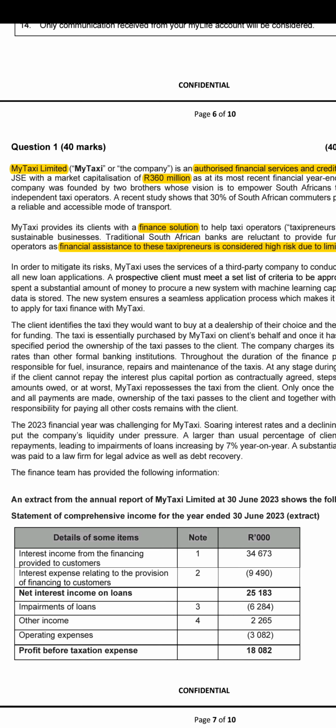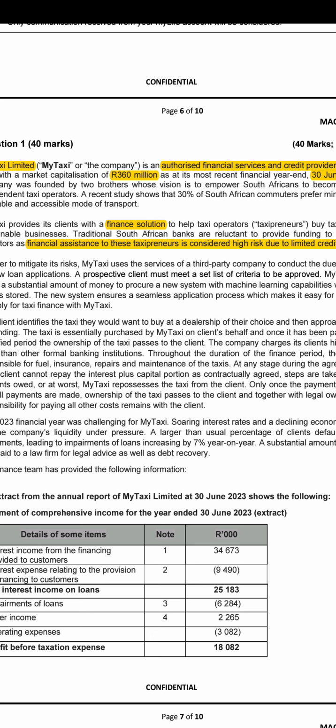Now, if a bank doesn't want to give finance, it's only going to be because the bank feels this is too risky for us. The chances of us getting a return are low. And the question has pretty much outlined this. They haven't been vague about it. The question tells you straightforwardly that providing financial assistance to taxipreneurs is considered to be risky because of the limited credit history.